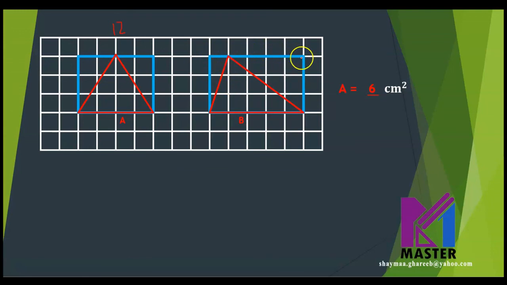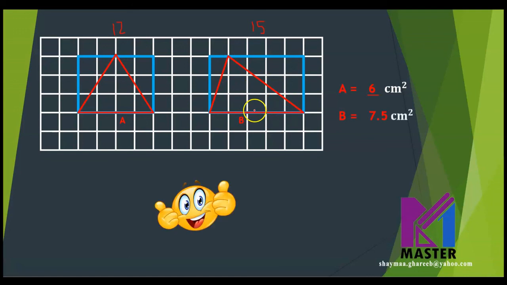So what is the area of this rectangle? Length times width. 5 times 3 equals 15. So half of 15 is 7.5. Then the area of this triangle will be 7.5 centimeters squared.